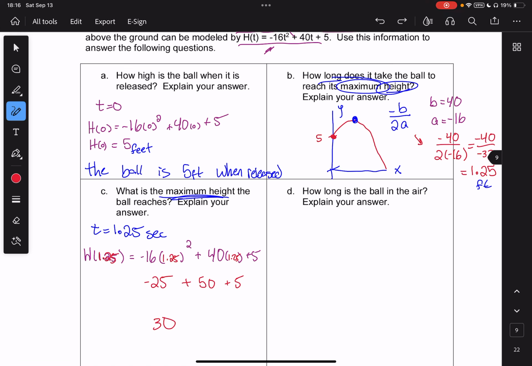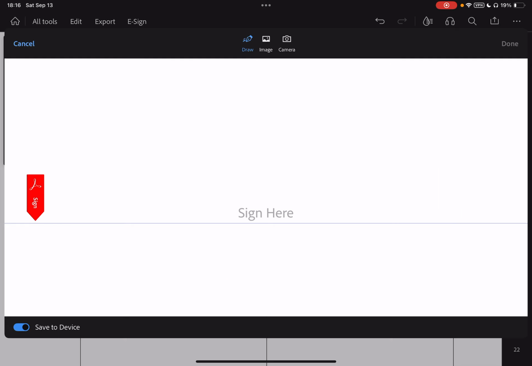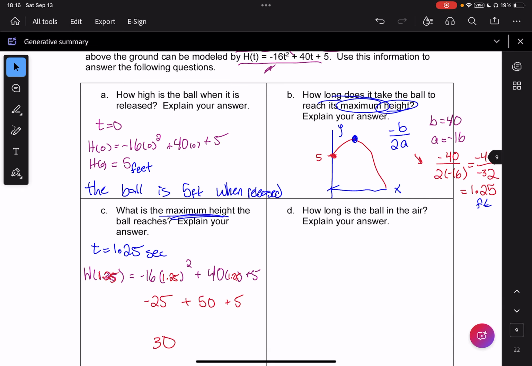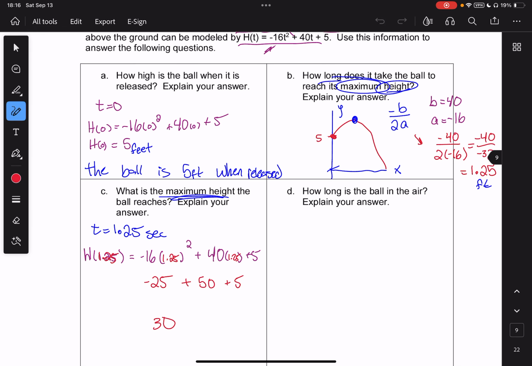Okay, remember our equation, so 16 times 1.25 squared is actually going to be negative 20.